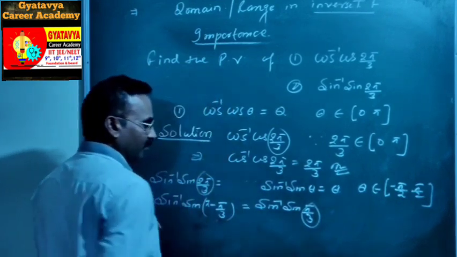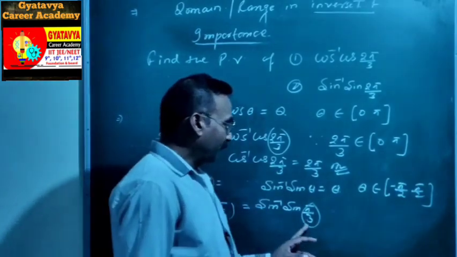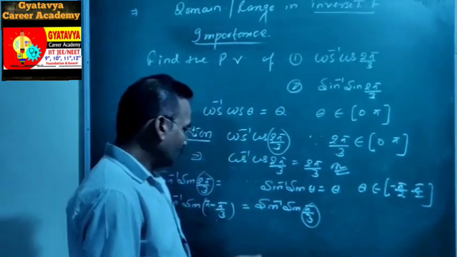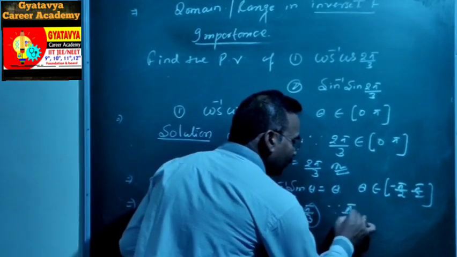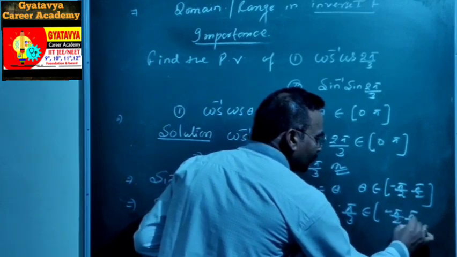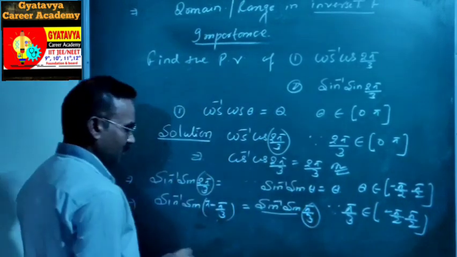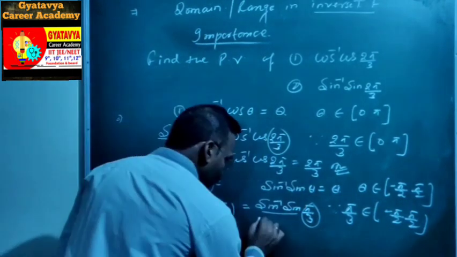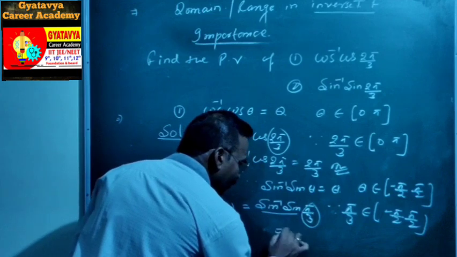Now this is the time to include pi by 3 in this interval. Since pi by 3 belongs to minus pi by 2 to pi by 2, sin inverse sin theta is removed, so this value is pi by 3.